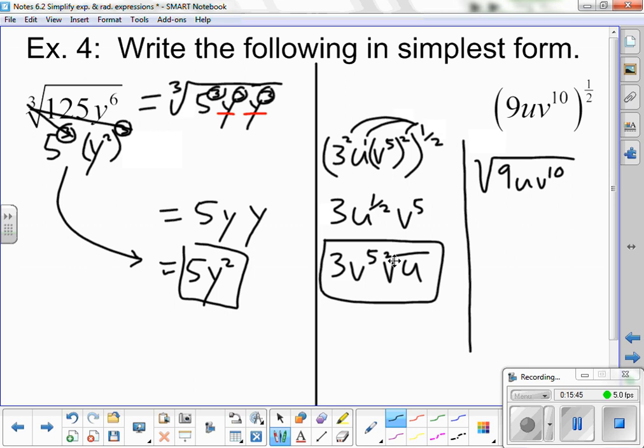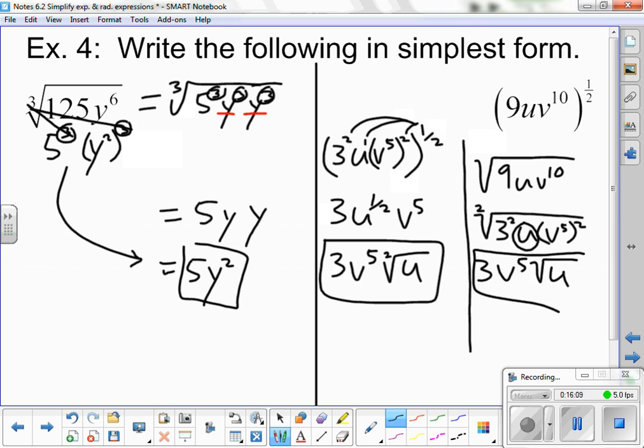You know the square root of 9 is a 3, so that one's taken care of. Or one way you can rewrite this is 3 squared u v to the 5th squared. Because remember, we're trying to get squares since this is an index of 2. I could bring out a 3. The u can't come out because there's no squares. The v to the 5th can come out because the squares will cancel, and you end up with square root of u. So same answer.